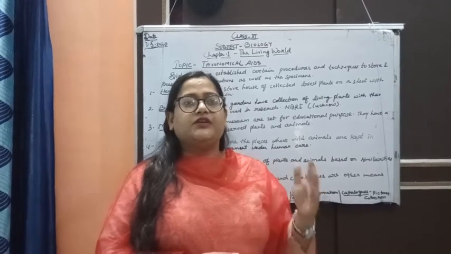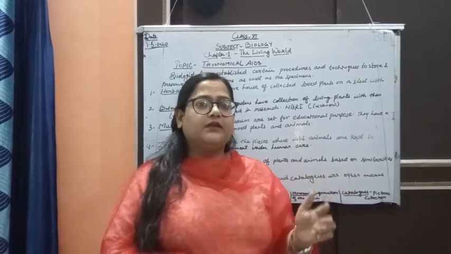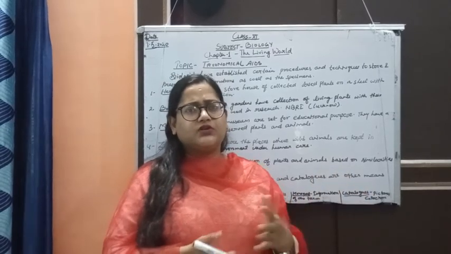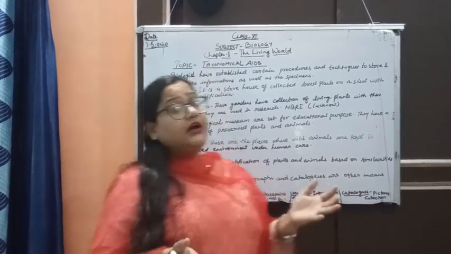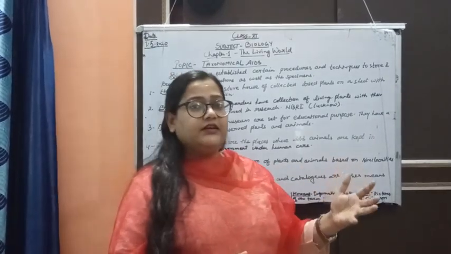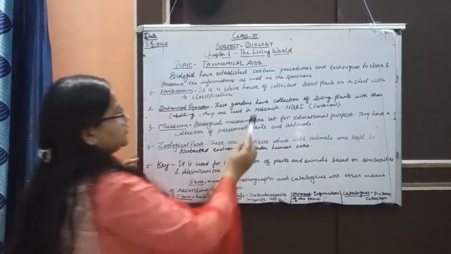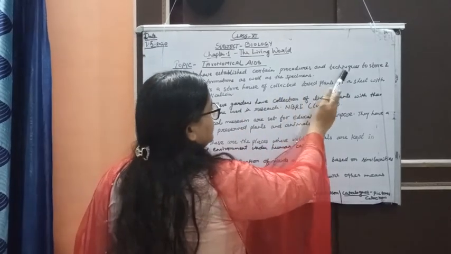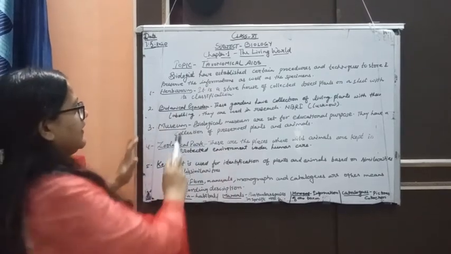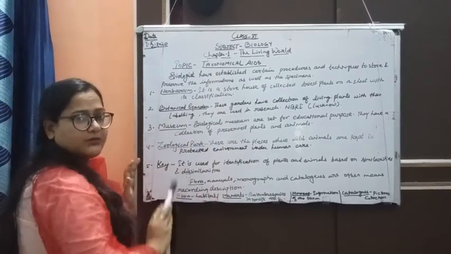On the basis of their characters, we have grouped them in a hierarchy. We have read in the last class: kingdom, phylum, class, order, genus, species, and all, just to know which should come in which category. Therefore, to establish a procedure and techniques and to store the information, biologists have divided these taxonomical aids.